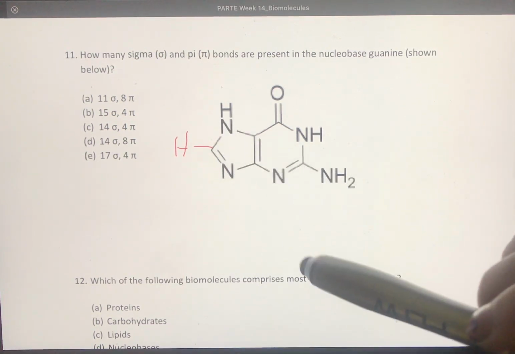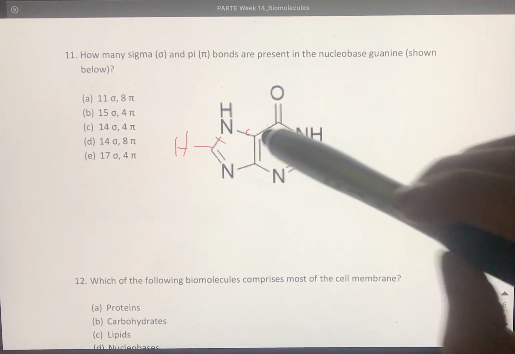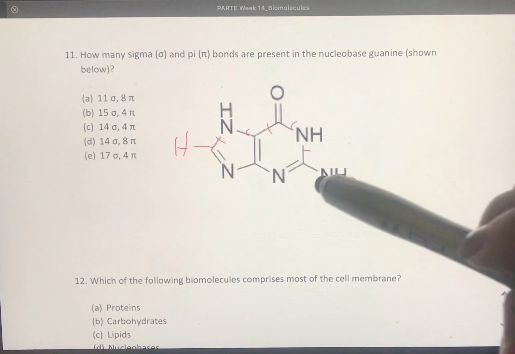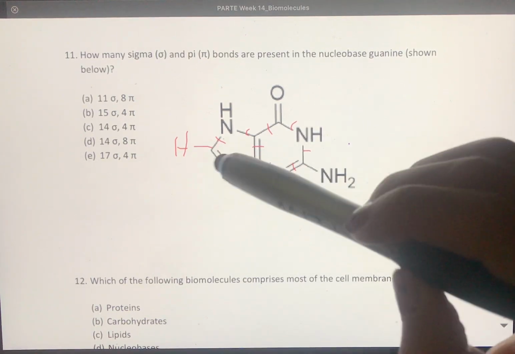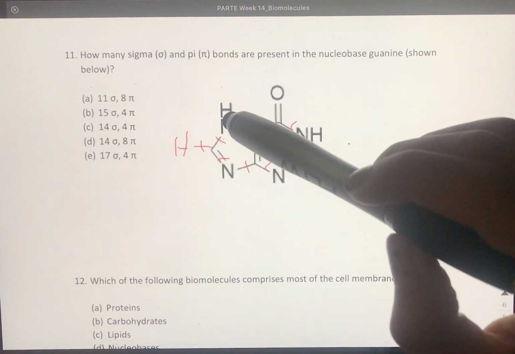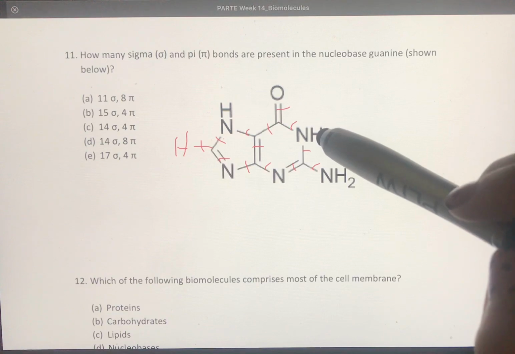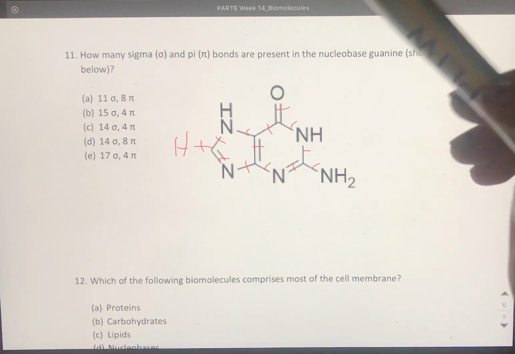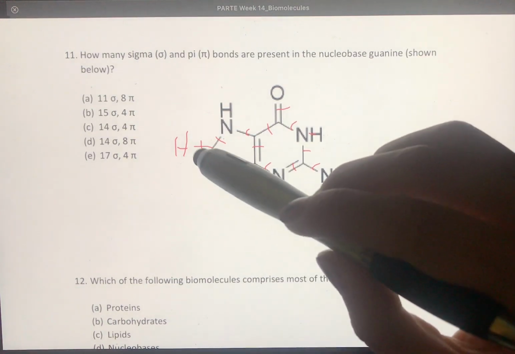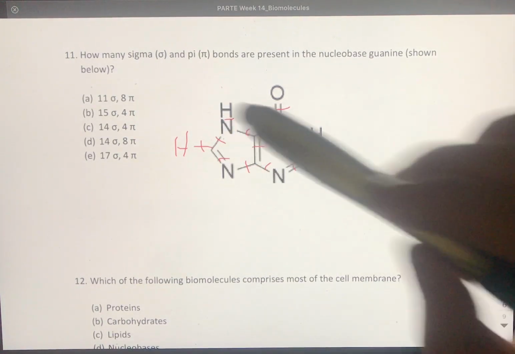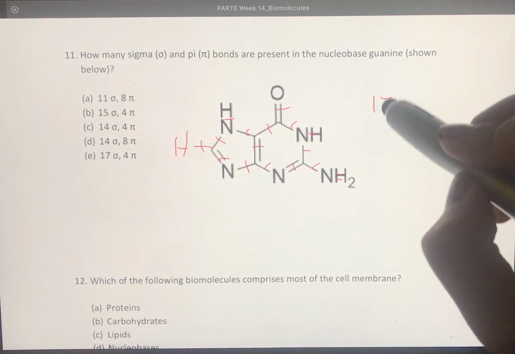So here, I'll start here. 1, 2, 3, 4, 5, 6, 7, 8, 9, 10, 11, 12, 13. So now let's add the hydrogen ones. 14, 15, 16, 17. So we have 17 sigma bonds.